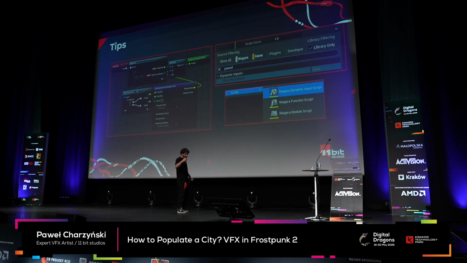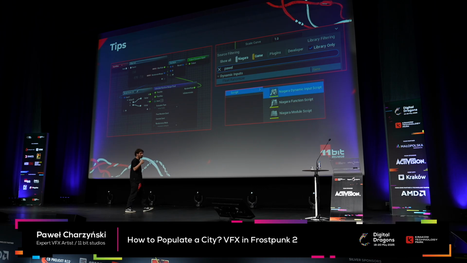So I learned a lot during the development of Frostpunk, but what I can recommend is to customize your Niagaras, so you don't have to type randomizer float every time. You can just put Niagara dynamic input scripts in your own category. Of course, it has to be the Paweł category. And then you have all your custom modules listed there.